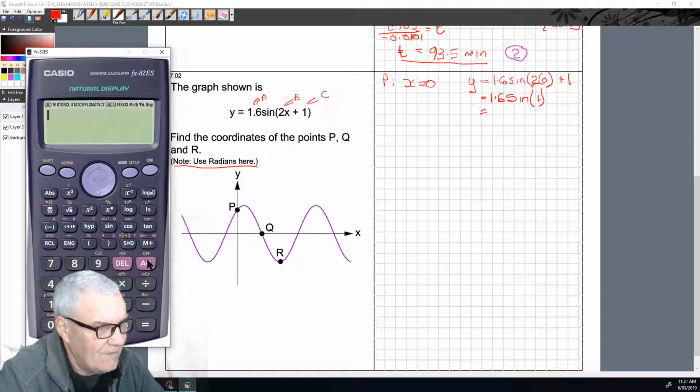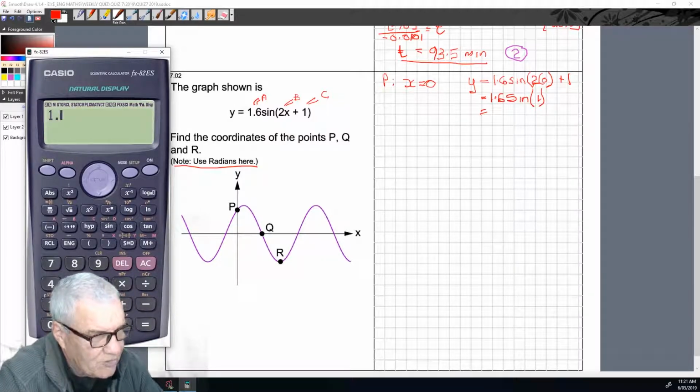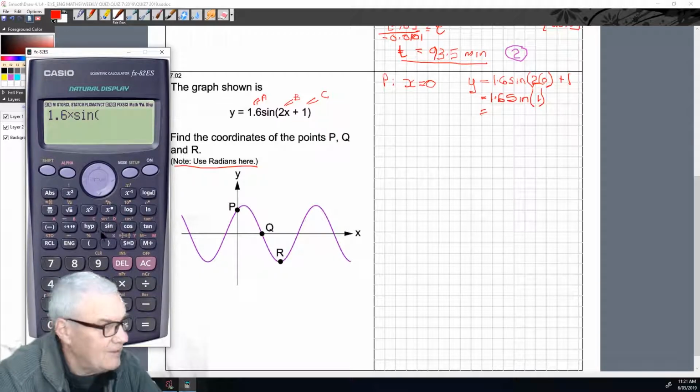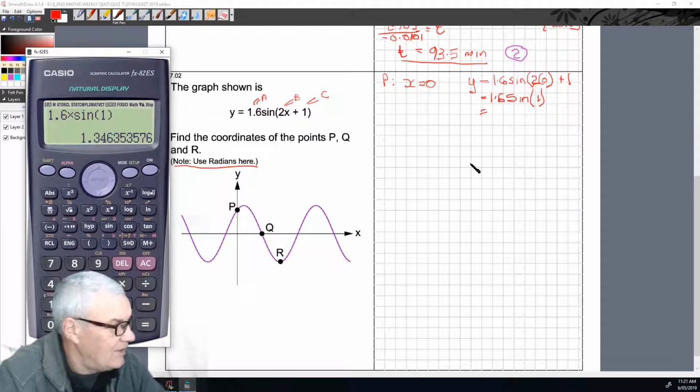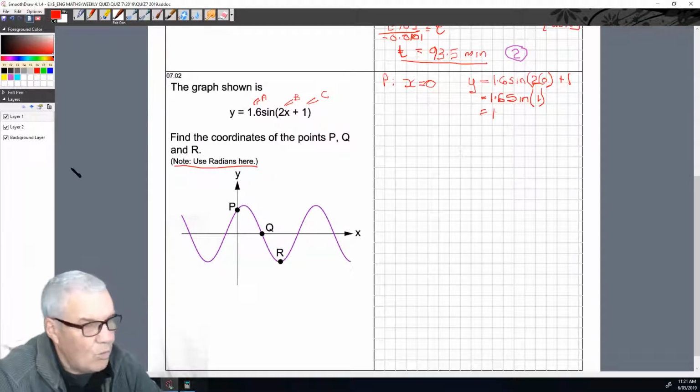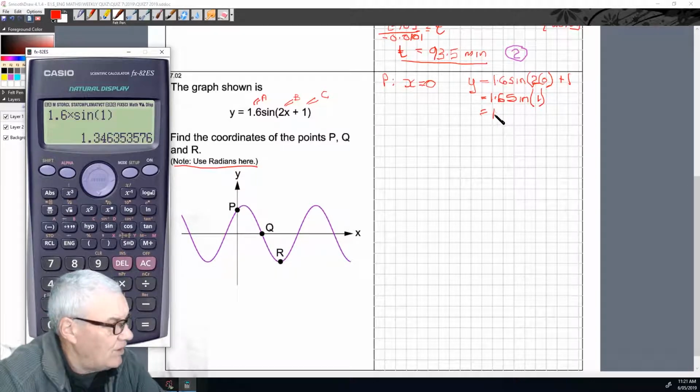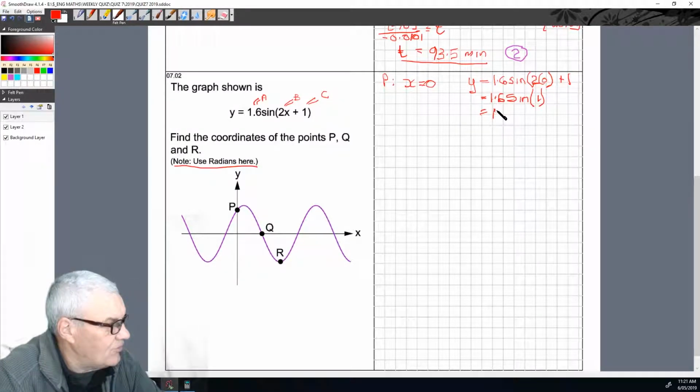So, all clear, and let's go 1.6 times sine 1 equals, and that equals 1.35. Okay, so x is 1.35.